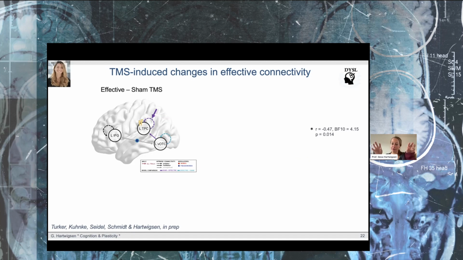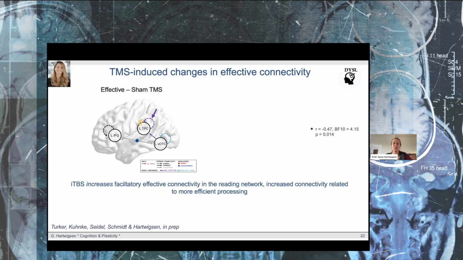This should give us an idea how the brain areas of the reading network are influenced by the facilitatory stimulation and how they change their connectivity during reading. What we found was as follows. We found that iTBS, this facilitatory stimulation, indeed increases the facilitatory effective connectivity in the reading network.